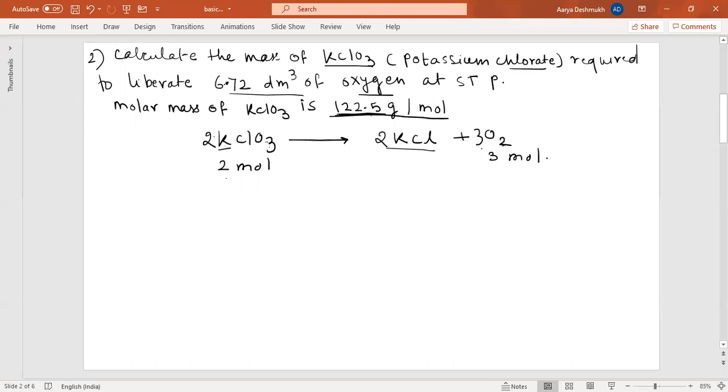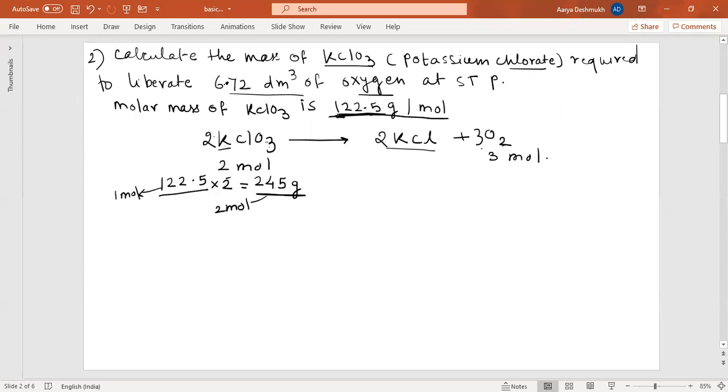So when I say there are 2 moles, I'll have to double this number. So 2 moles will be 122.5 into 2, equals 245 grams. Since 122.5 is 1 mole, twice of this would be 2 moles.